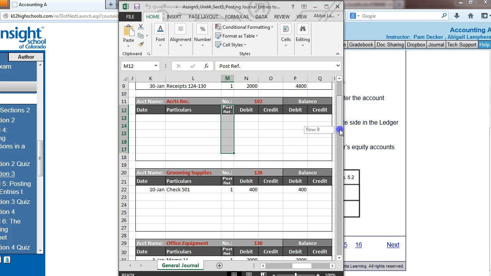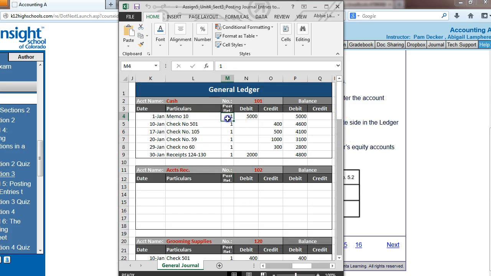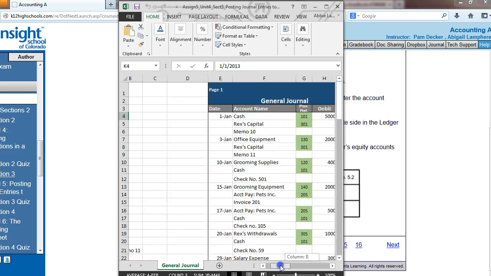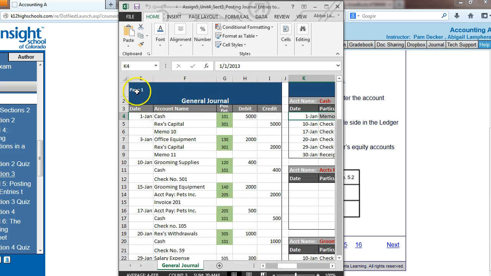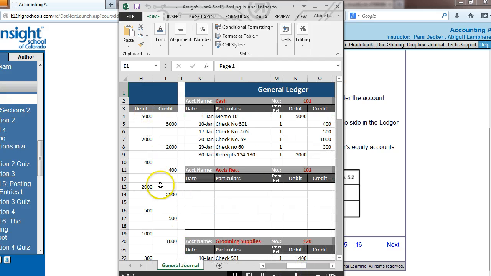What goes in the post reference column reflects the page number that we took this transaction out of the journal. So when we look at our journal here, we see this is page 1 of our general journal. Once we start listing a lot of transactions throughout the year, we're going to get a lot more pages in our journal. So we always want to record what page we took this from out of our journal.